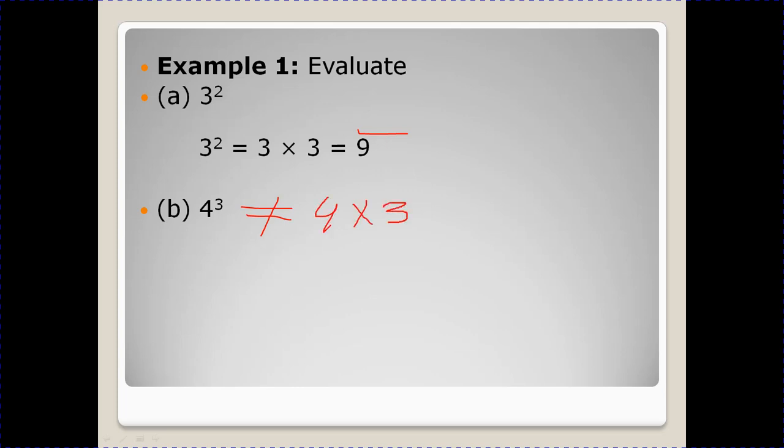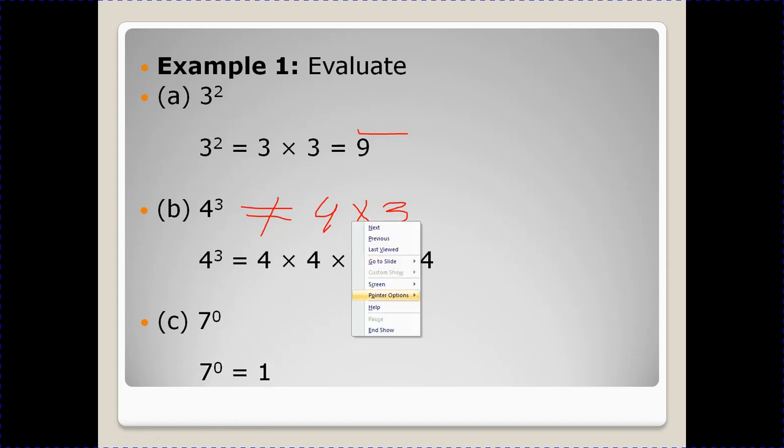This is one of the common mistakes that students usually make in their solutions. So 4 to the power 3 is not 4 times 3, it is 4 times 4 times 4, so it is 64. And 7 to the power 0, of course, equals 1.